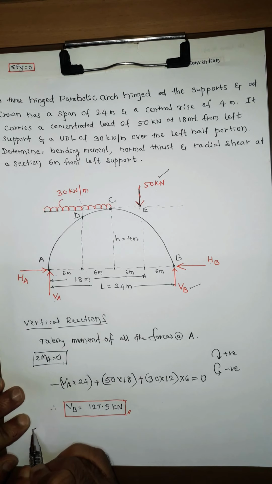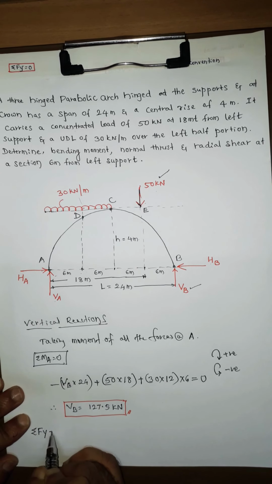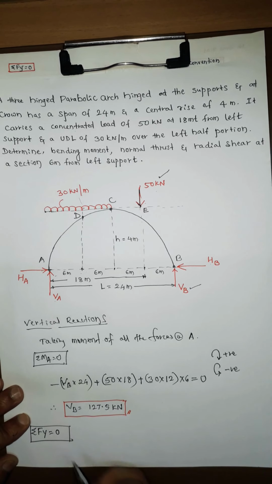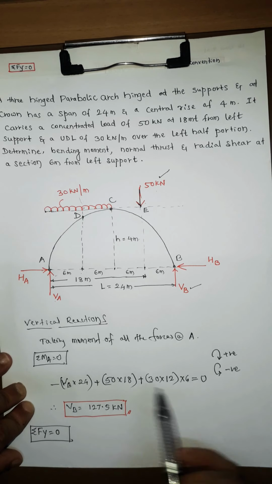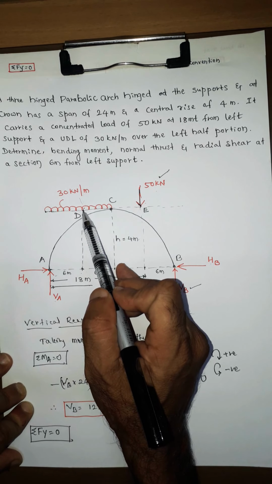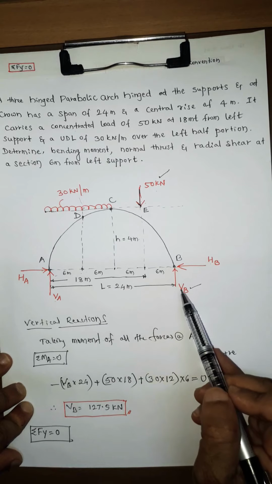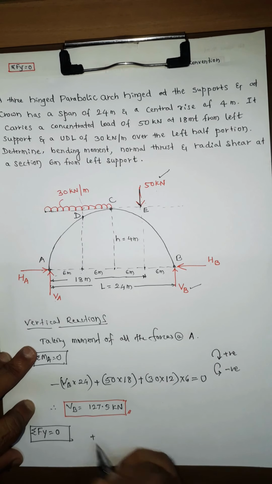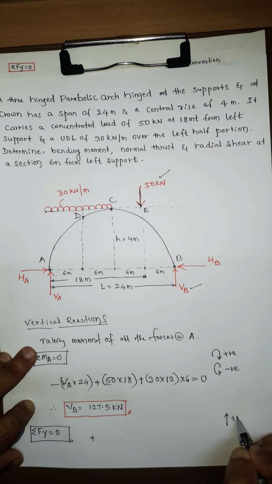Now the next vertical reaction VA. For this we are going to use another equation, summation Fy is equal to 0, summation of all the vertical forces is equal to 0. So how many vertical forces? 1. Then when you convert UDL into point load, that is second, third and fourth. Again sign convention, upward force is positive, downward force is negative.